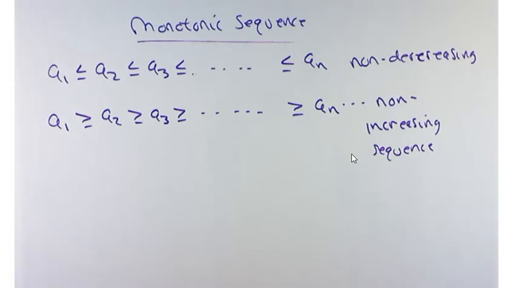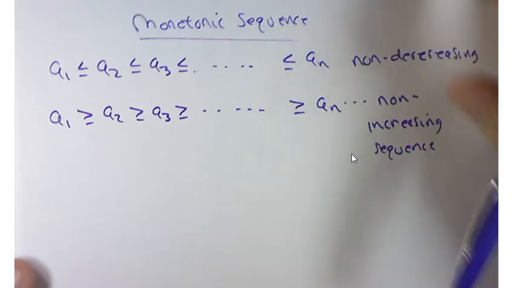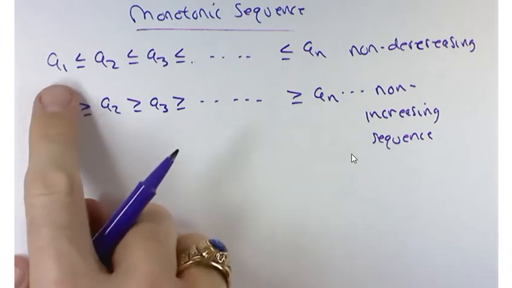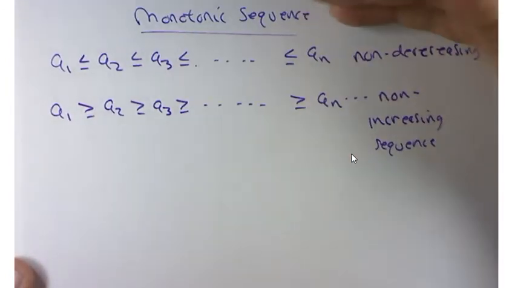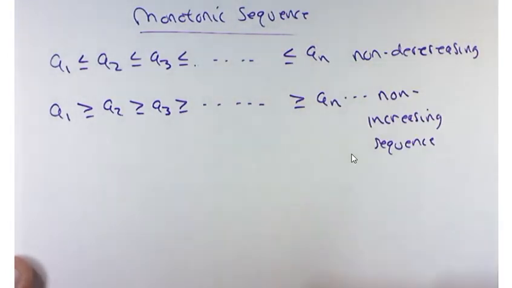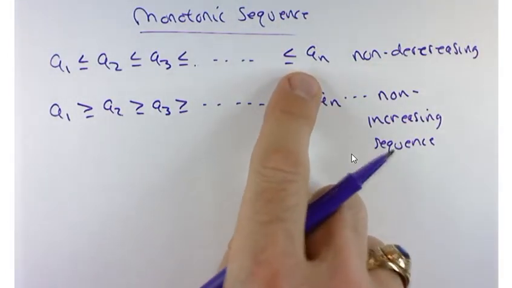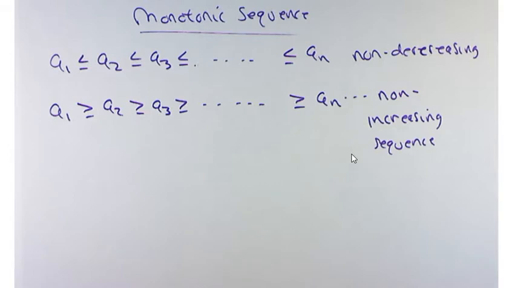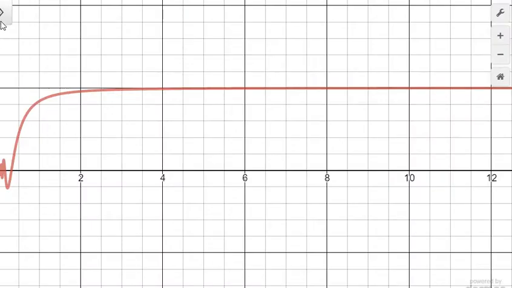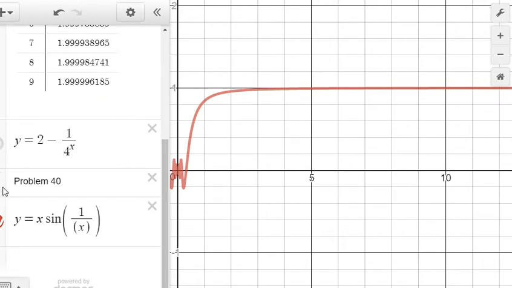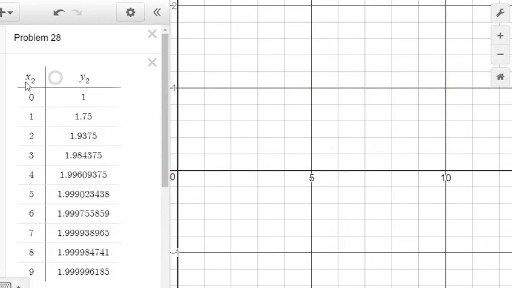Now there are some nice things that happen if you have what's called a bounded monotonic sequence. If this is always increasing, but there's a bound up above it, that is, it never gets higher than some particular value, then it has to converge. We've already seen examples like that today. Let's go back to this one right up here.